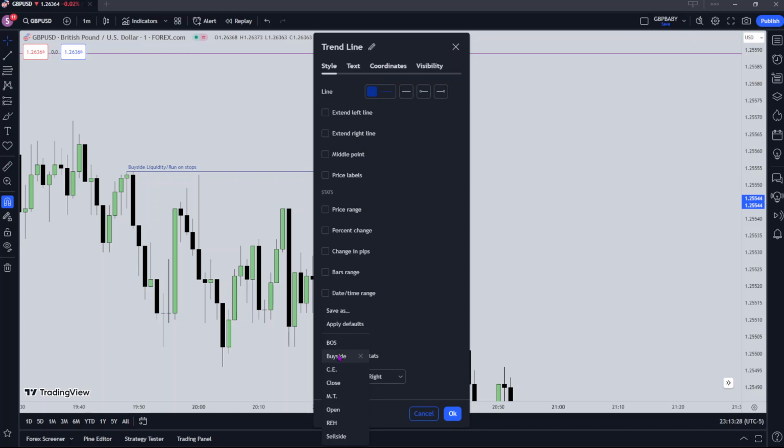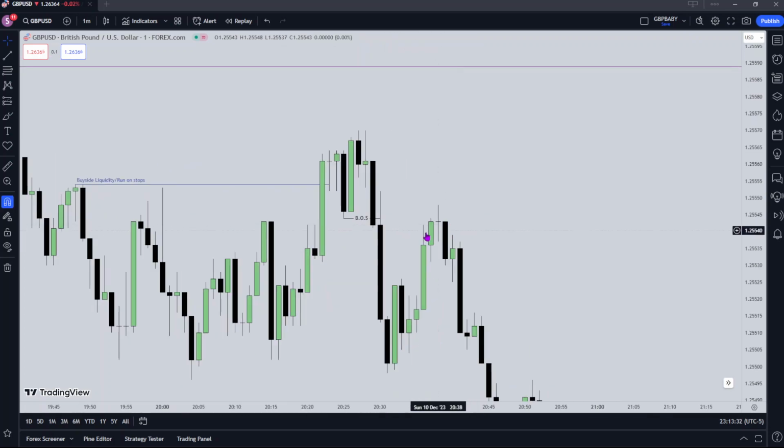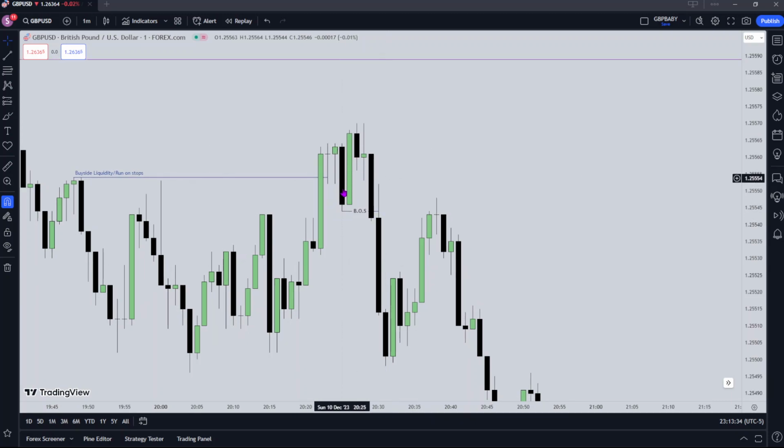We have a break of structure here, and this is also a breaker.